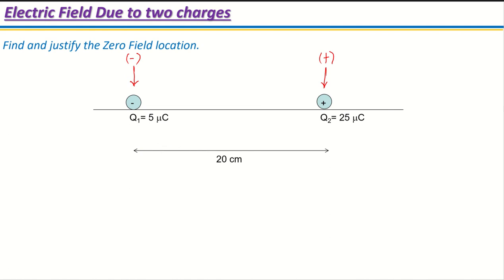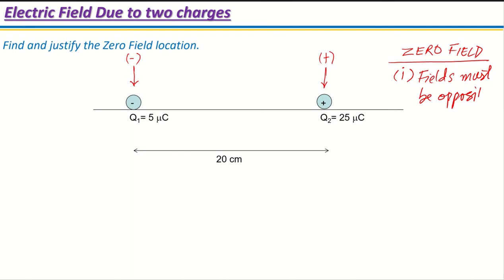It means the fields of both charges cancel each other. So for cancellation, there are two requirements. Zero field means, number one, fields must be opposite, and they can cancel each other if they are equal.